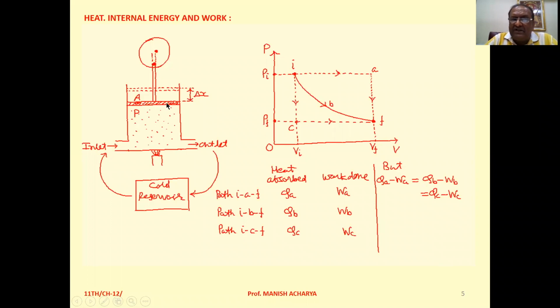Now suppose under the effect of this force, the piston is displaced by some amount delta X. Then the mechanical work done is F into delta X.